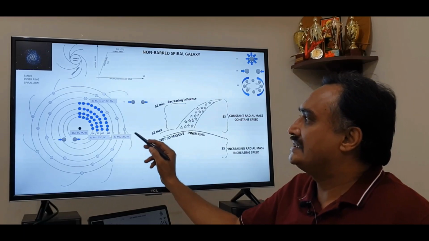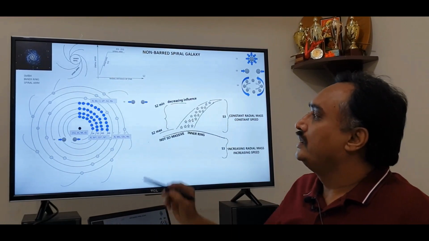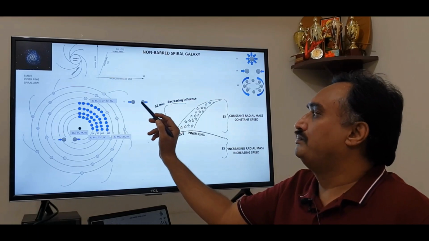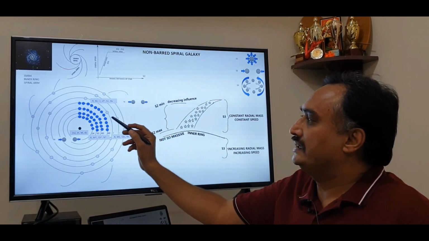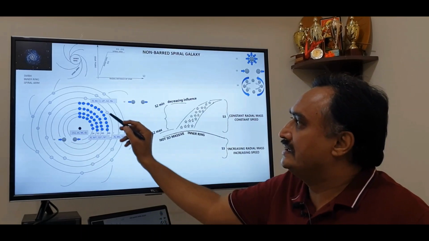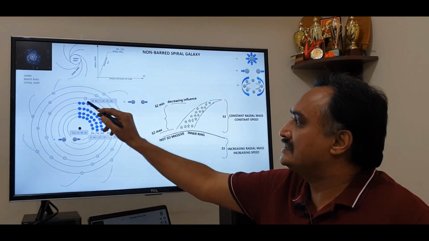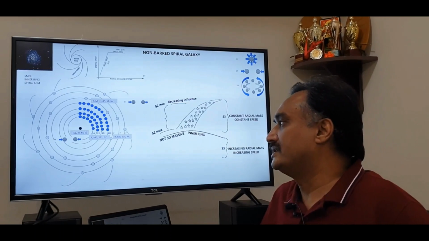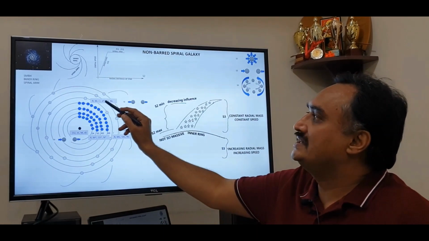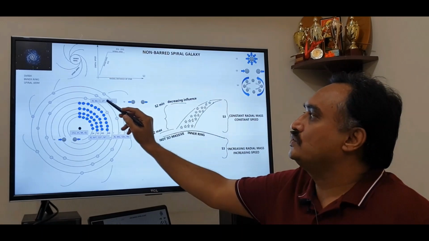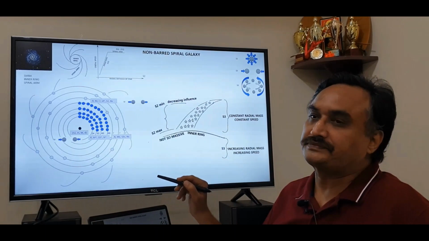Now apart from this S3, there is an S2 also to work out. For S2 you need two masses, one is the primary mass, another is the secondary mass. In this particular case, the whole inner ring of masses acts as the primary mass, whereas the secondary mass is the spiral arm itself. So let us see, as you move away in the spiral arms, obviously the distance is increasing, and S2, which is inversely proportional to the distance, also decreases.